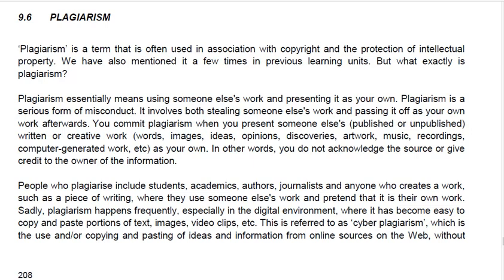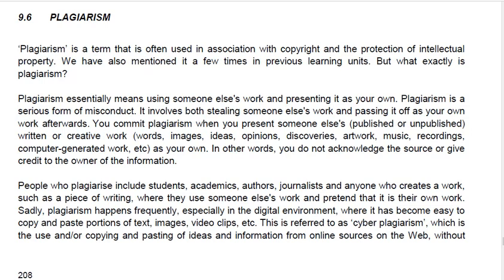So let's further read. It further says plagiarism essentially means using someone else's work and presenting it as your own. Plagiarism is a serious form of misconduct. It involves both stealing someone else's work and passing it off as your own work afterwards.